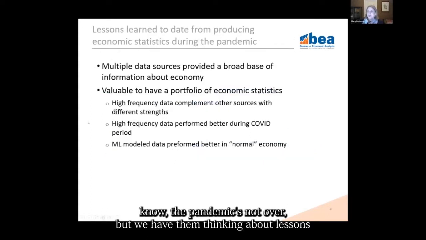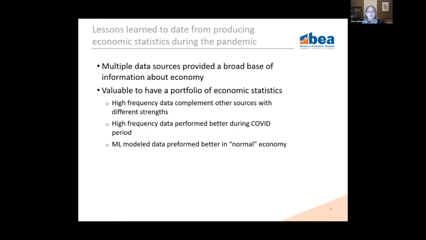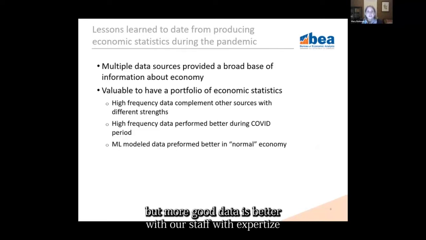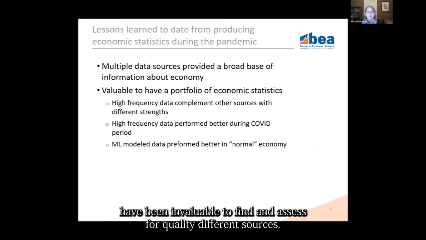The pandemic's not over, but we have been thinking about lessons learned and how to continue to improve our measurement. And one is, and this is a little obvious, that more good data is better. Our staff with expertise have been invaluable to find and assess different sources for quality.